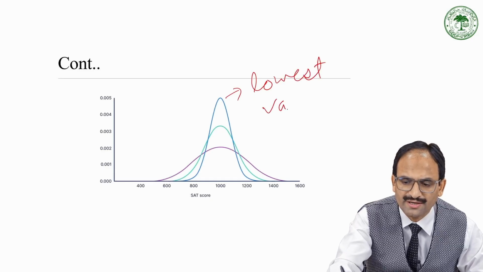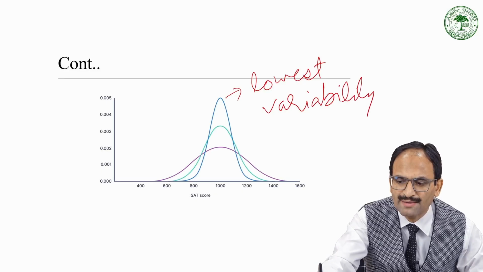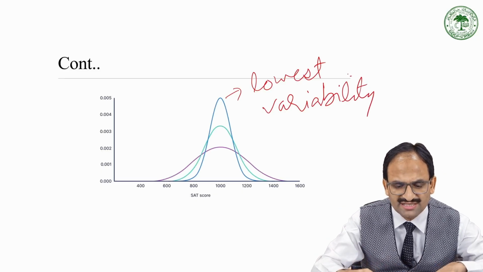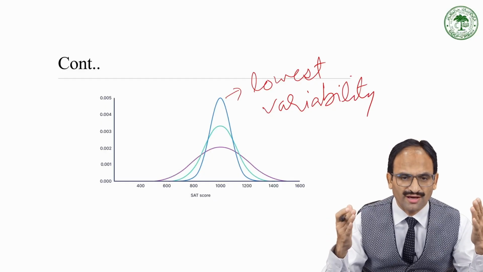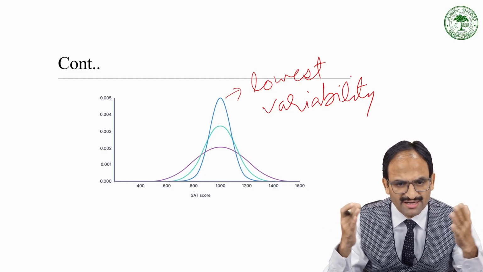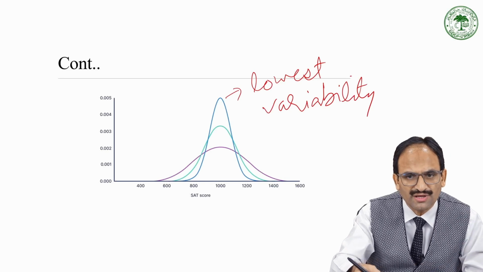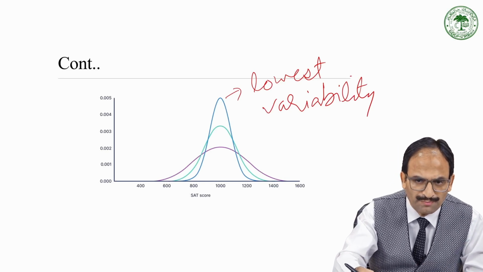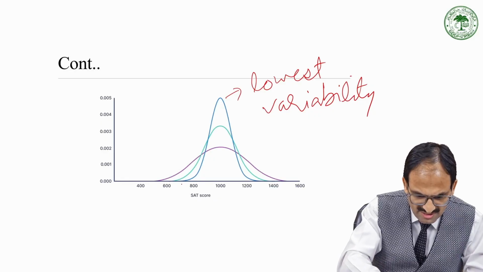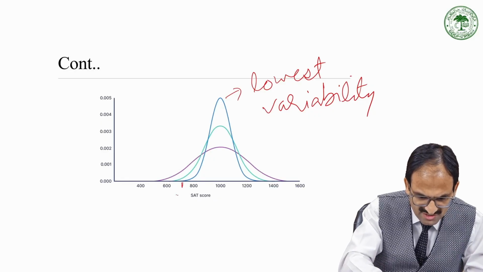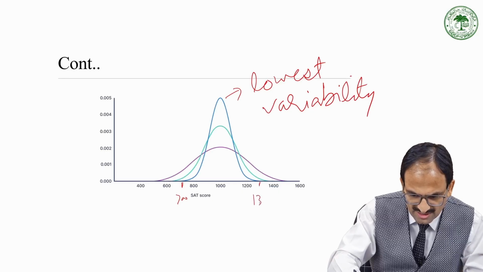Why am I saying this? Because this data I have taken from a scholastic achievement test score, and the first group has the lowest variability, because the score varies from almost 700 to 1300.